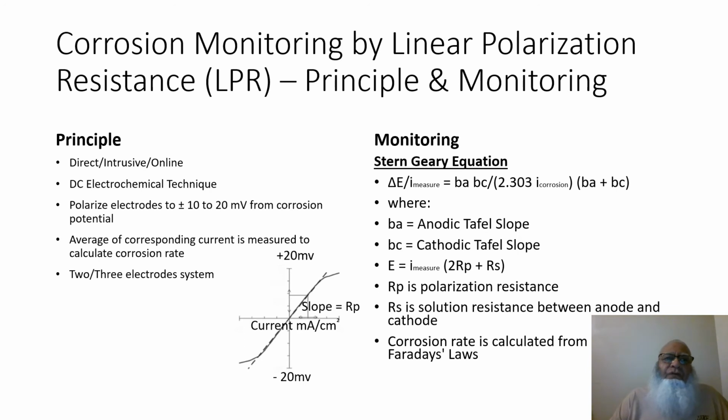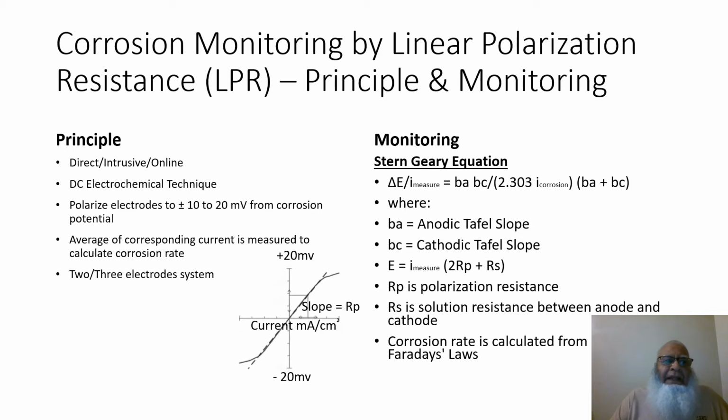This slide shows how the corrosion is monitored by a linear polarization resistance technique, its principle and monitoring. Principle is the direct intrusive online technique. It works on the principle of direct current electrochemical.